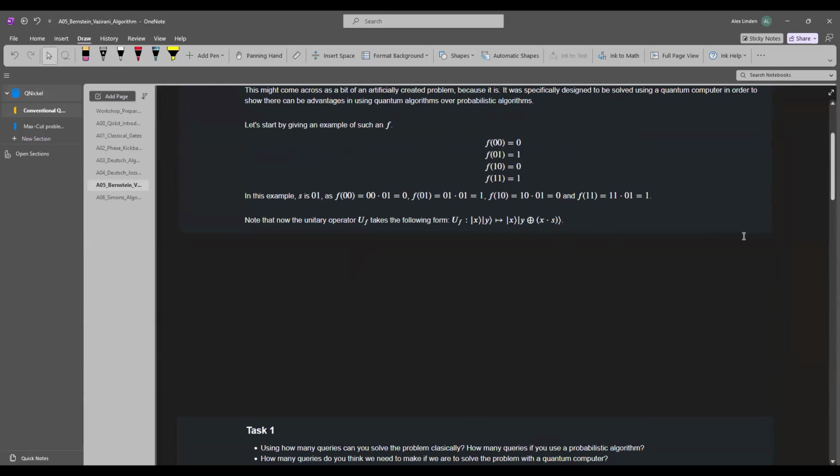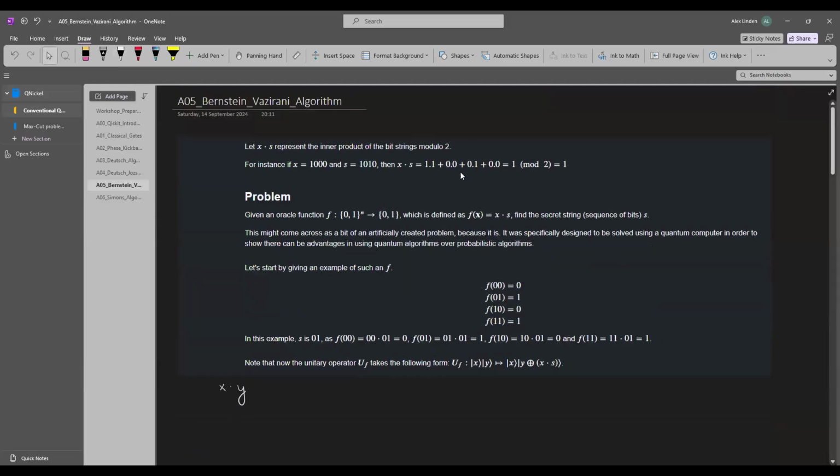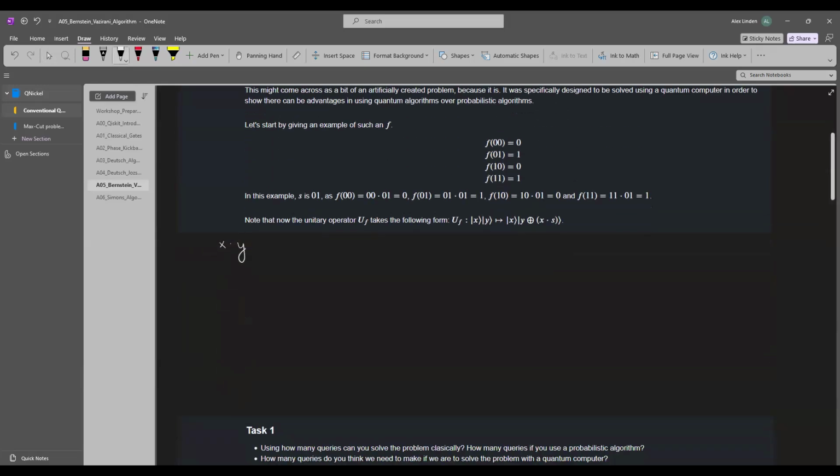So the bitwise dot product, inner product, if you want to call it that, x y, you can calculate it in a way that we'll see in a moment, but you can also see it very quickly.